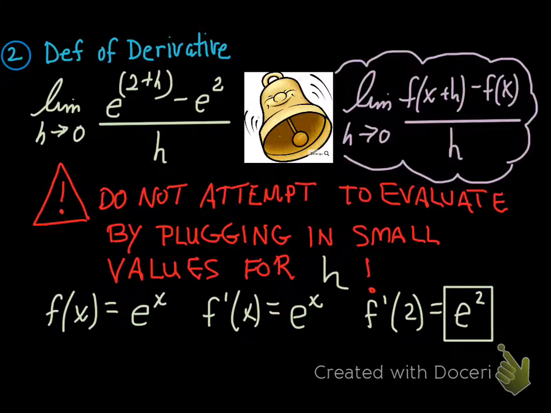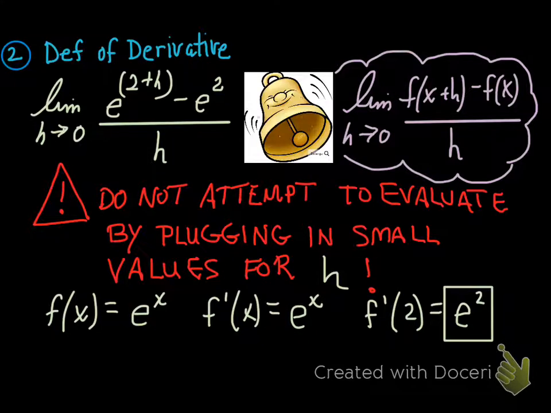I'm getting closer and closer to the value of 2, infinitesimally close to where those 2 points merge together into 1. And the slope of the tangent line of the curve e to the x at x value 2 will be e squared. That's what you have found. So you have to recognize a definition of derivative symbolically, then steal f of x from that definition.